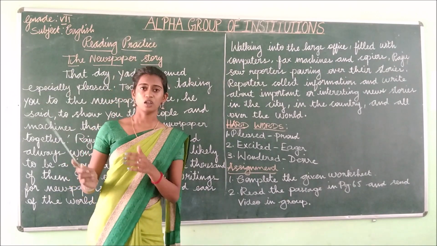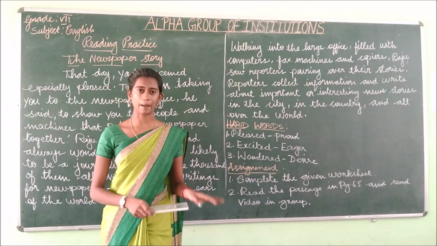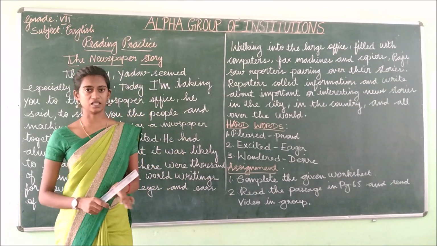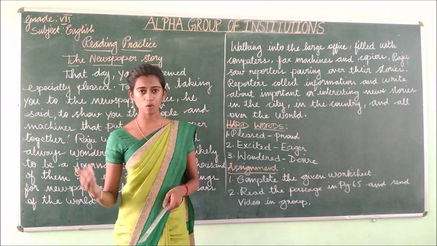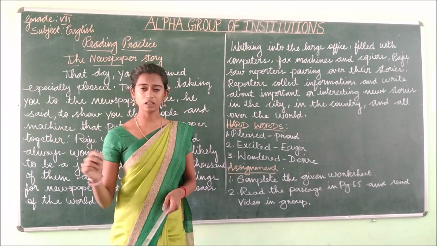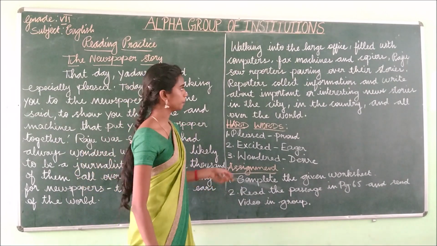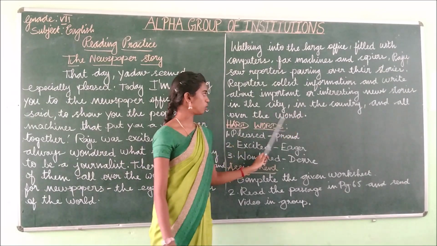The reporters go to the place where the incident has happened, and they write the news about the incidents. They gather more and more information and write it in an interesting way, as interesting news stories in the city, in the country, and all over the world.